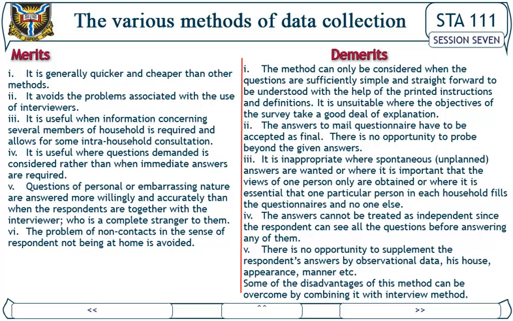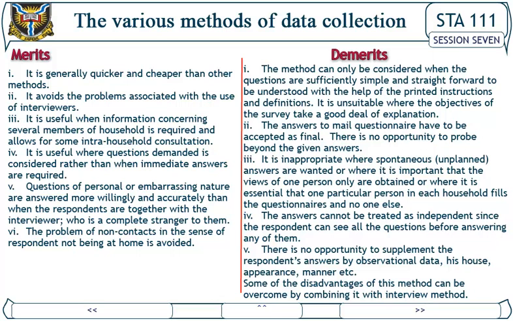3. It is inappropriate where spontaneous, unplanned answers are wanted, or where it is important that the views of one person only are obtained, or where it is essential that one particular person in each household fills the questionnaire and no one else. 4.